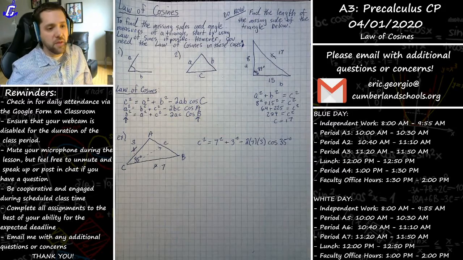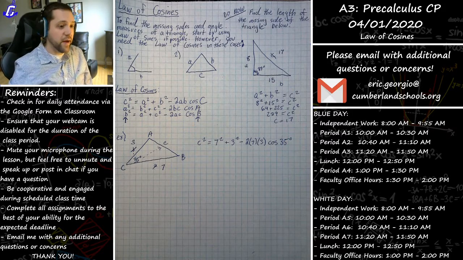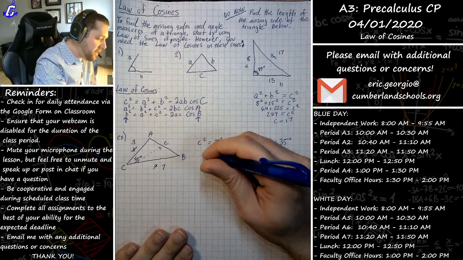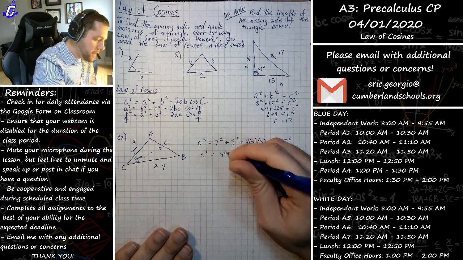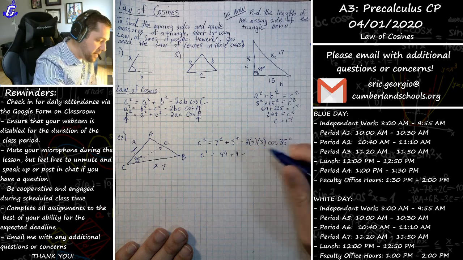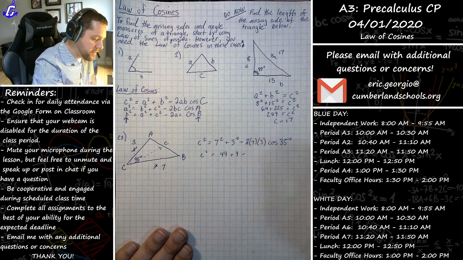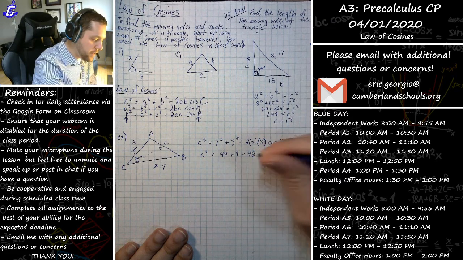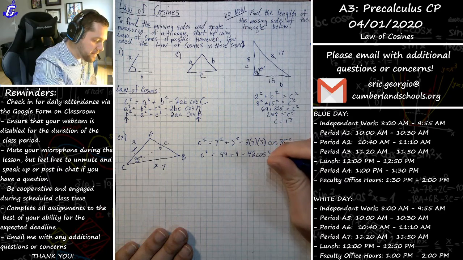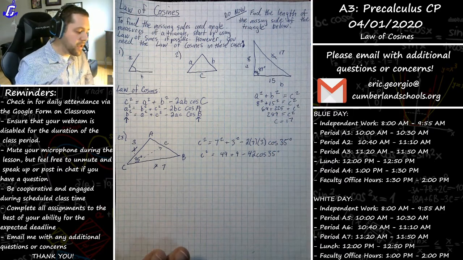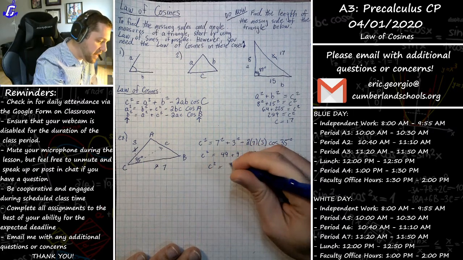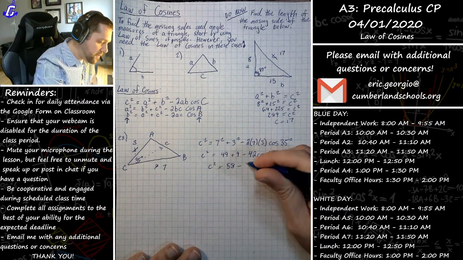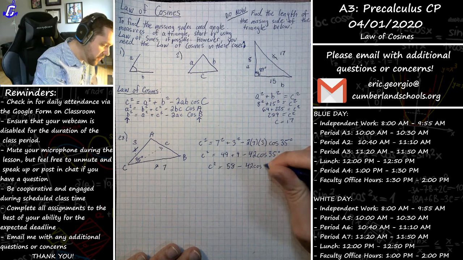So I just use my law of cosines formula to get started. Now c squared should equal, I'm just going to clean up everything, 49 plus 9 minus 2 times 7 is 14 times 3 is 42, cosine of 35, right? Again, just combining like terms, c squared should equal 49 plus 9 is 58 minus 42 cosine of 35 degrees.